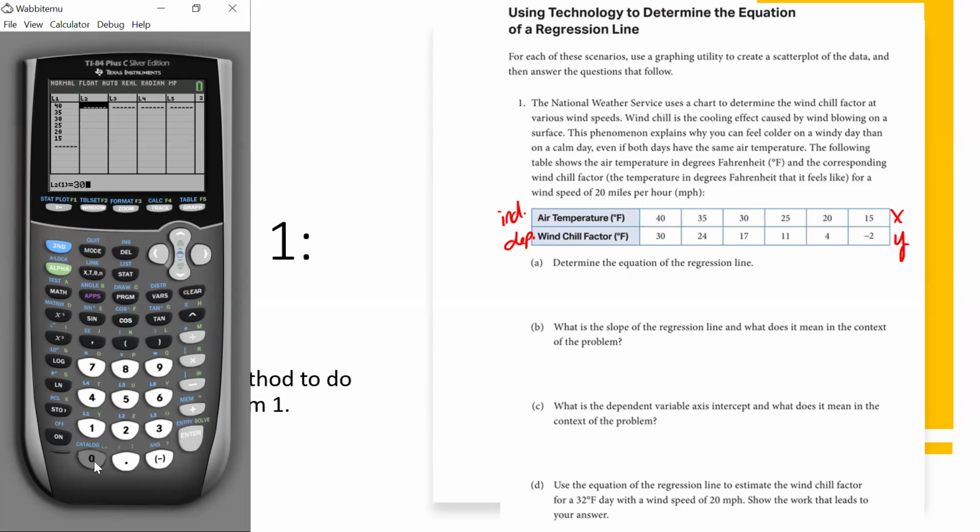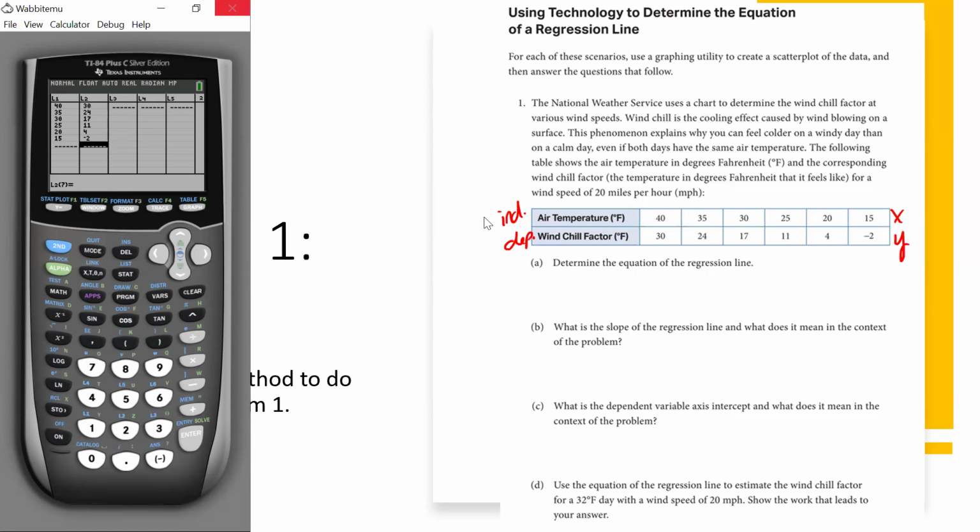And we're putting in 30, enter, 24, enter, 17, enter, 11, enter, 4, enter. When you're putting in the negative, the negative is down by the decimal. So you press negative 2, enter. In order to lock in the values, you do have to arrow out of that box. On the last box, you should not be in it. You should be beneath it.